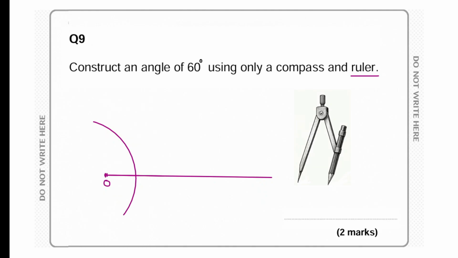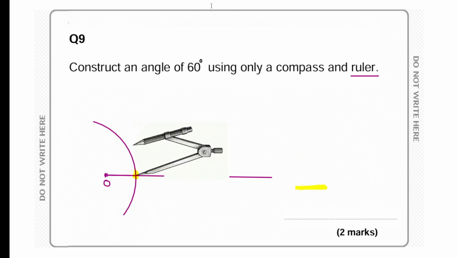Now we need to use the compass without changing the gap. The gap that you used to draw the first arc, you should not change it. So take the pair of compasses without changing it and put the point at this point here, and then draw another arc like this.